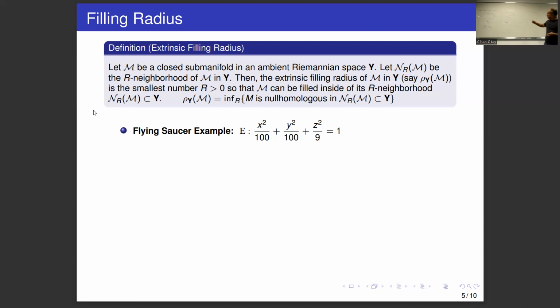The first time it becomes trivial is my filling radius, but the extrinsic filling radius. That means I am taking the neighborhoods in my R^n. That's going to be crucial. I have a manifold and I have an ambient space.